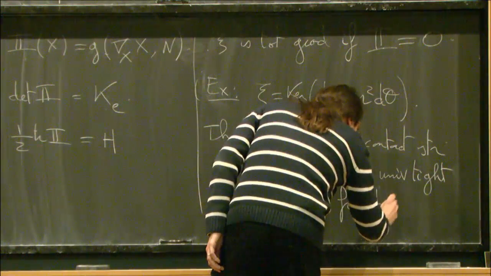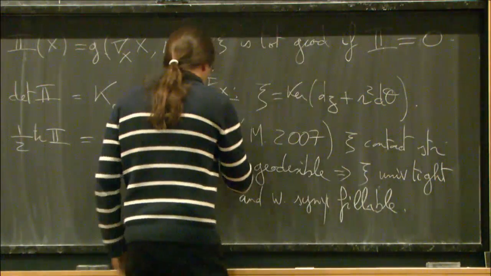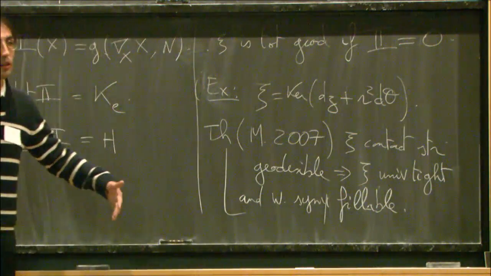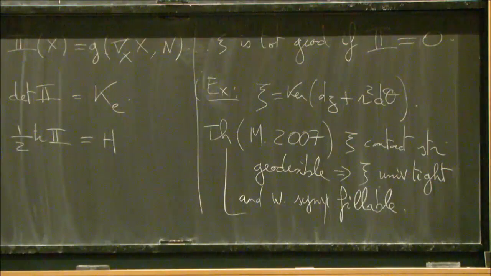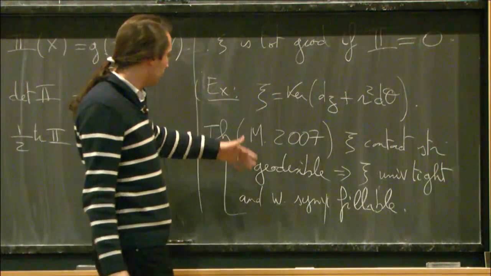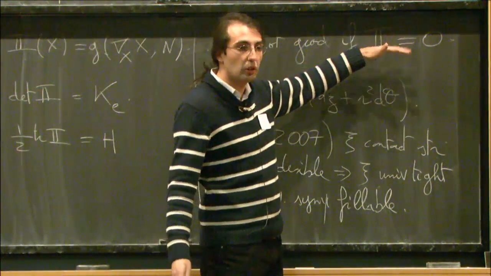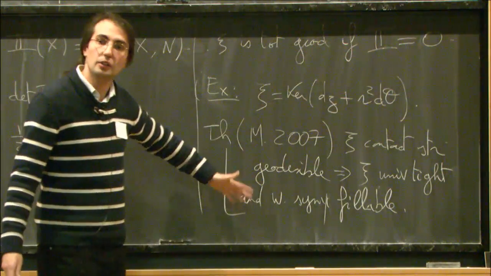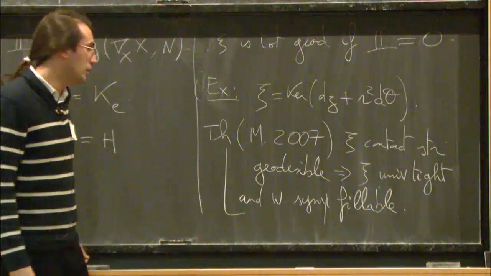So this is one result I was looking for. This condition of vanishing of the second fundamental form is a local condition, and then you get a global result, tightness and more.